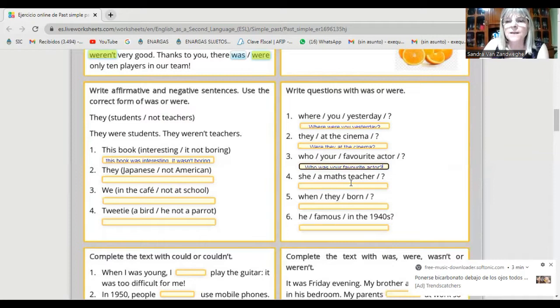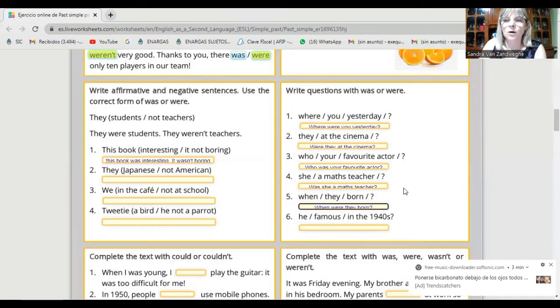She, a math teacher. Bien, esta comienza con el verbo. Si hablamos de she, was or were? Was she a math teacher? ¿Fue ella una maestra de matemática? When, con la palabra born, ¿recuerdan? I was born, yo nací. When, con they, were they born?